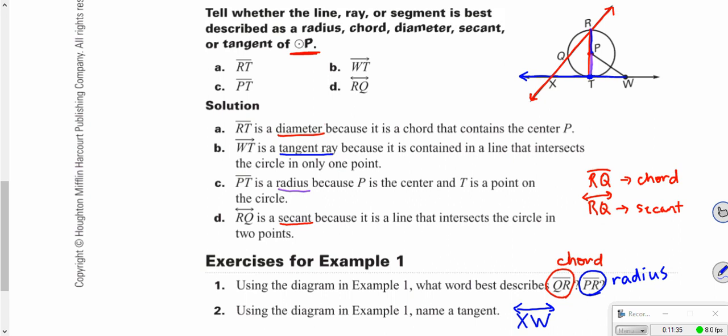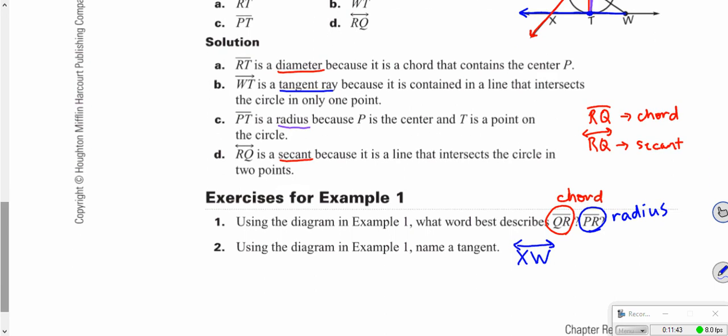And point T would be the point of tangency. Let me just put that underneath. Okay. All right, let's go to the next page.